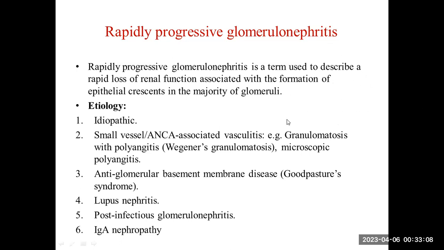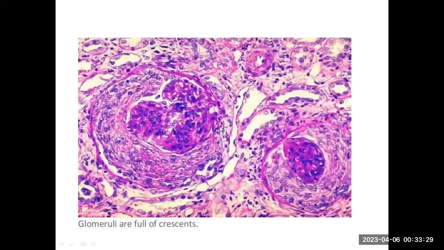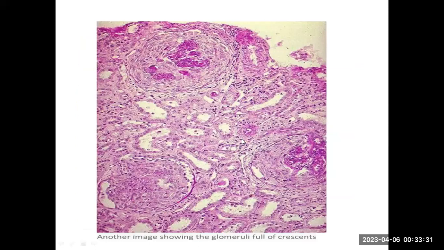Plasma exchange will be added if it's secondary to ANCA-associated vasculitis or secondary to Goodpasture syndrome. But in other situations, you will treat only with the steroid and cyclophosphamide. So this is basically the management of rapidly progressive glomerulonephritis.